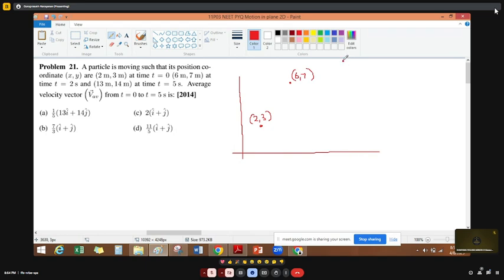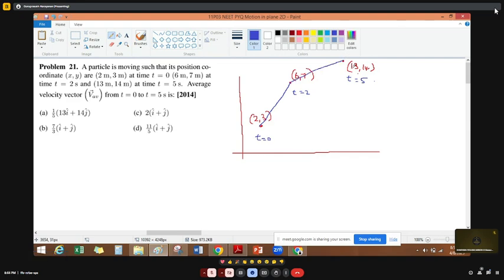Don't have space, but doesn't matter. So a particle is moving from here to here. So t equals 0 seconds, t equals 2 seconds, t equals 5 seconds. So that means you are going like this, then like this.